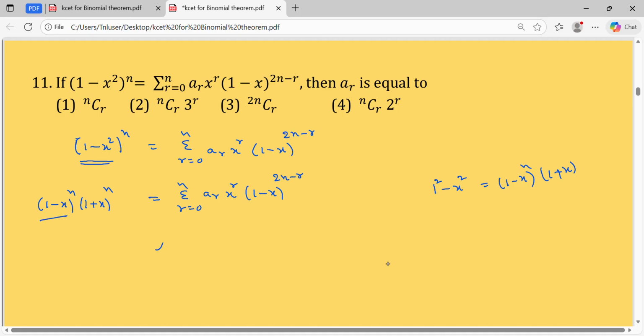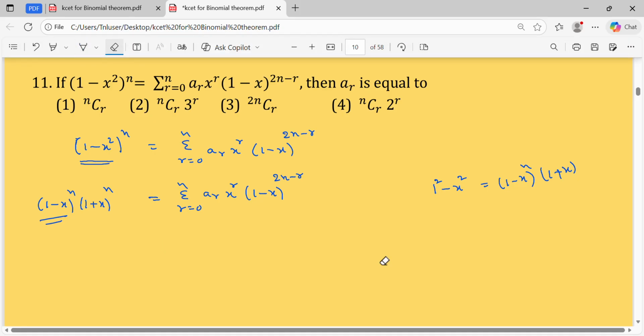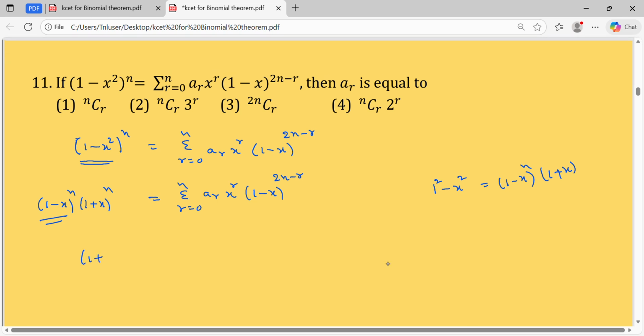Now here it is multiplied, so when we move it to that side, it becomes division. Next step, (1 plus x) whole power n can be written as sigma r equal to 0 to n ar x power r (1 minus x) whole power 2n minus r, divided by (1 minus x) whole power n.